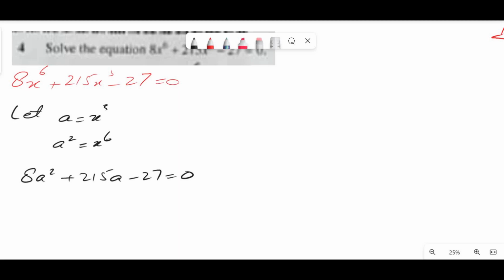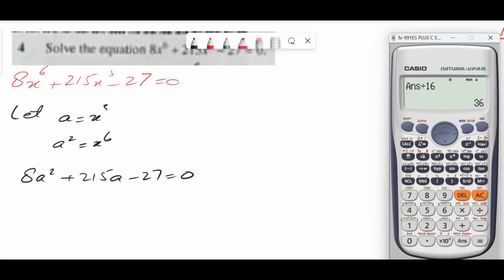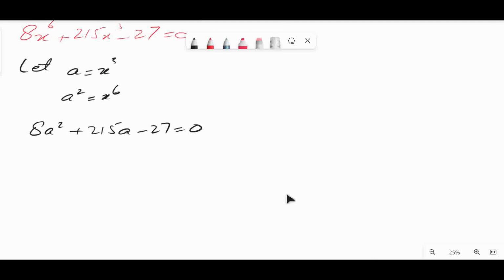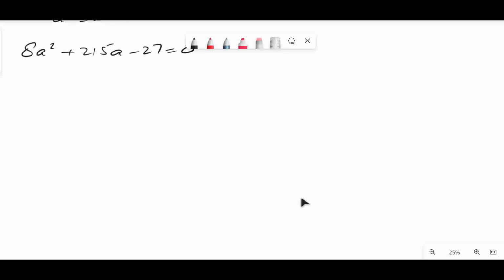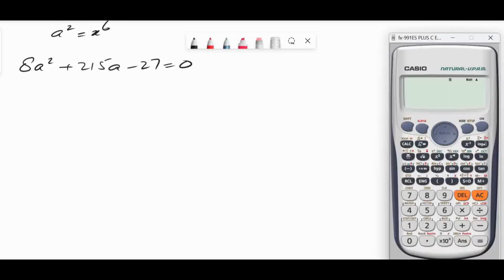So let's directly find the values first and then apply reverse engineering, that is, from the answer we will move towards the question. This is a quadratic equation, so we have to find the roots first.